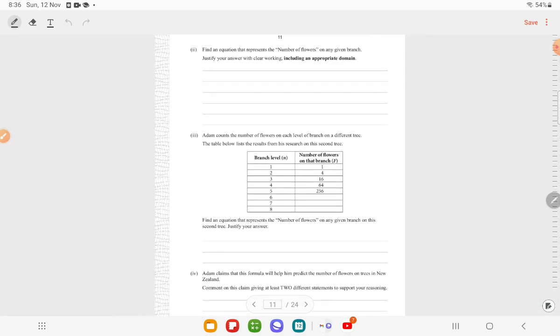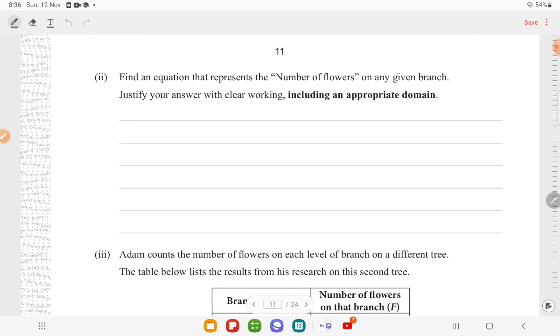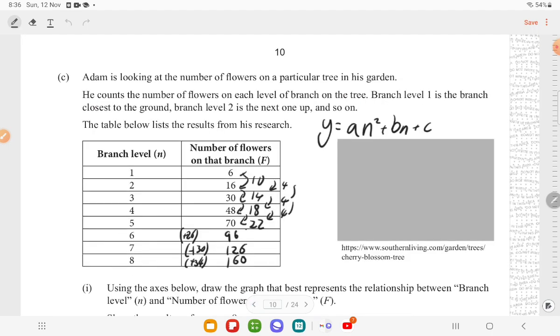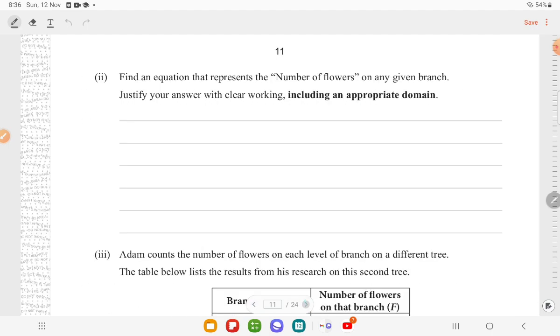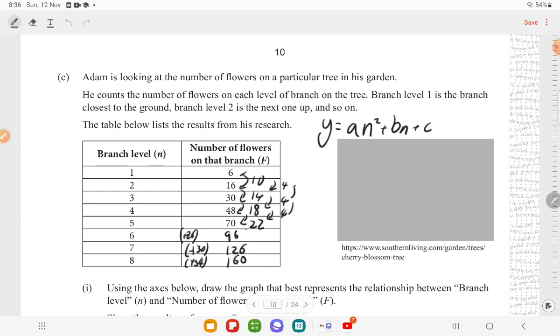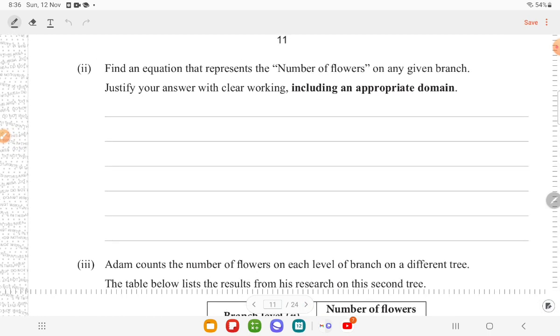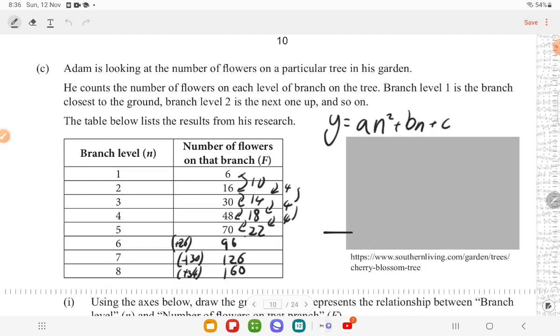Find an equation that represents the number of flowers on any given branch. Justify your answer with clear working, including appropriate domain. So if the difference is 4, then usually the a value is that difference divided by 2, which is equal to 2.